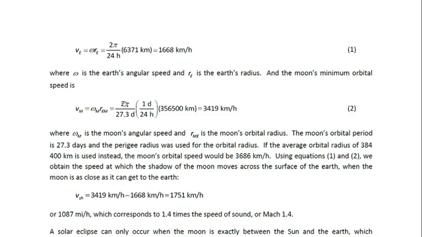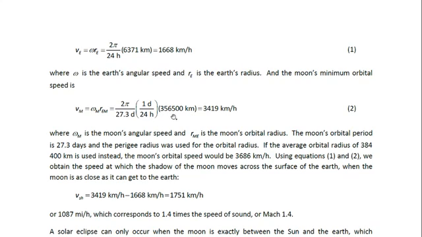This is 2 pi. 2 pi is the same as 360 degrees divided by the time it takes for the moon to go through 360 degrees, which is the moon's period of 27.3 days. We then convert that to per hour, and we multiply by the distance between the Earth and the moon.